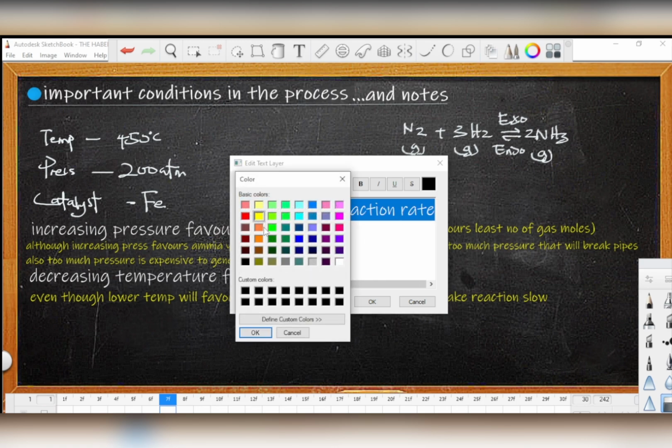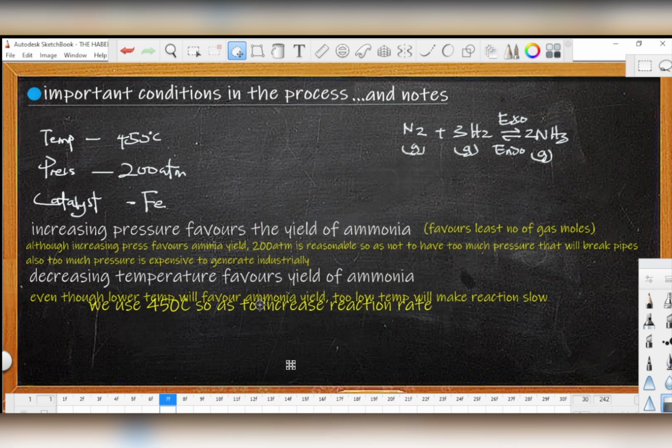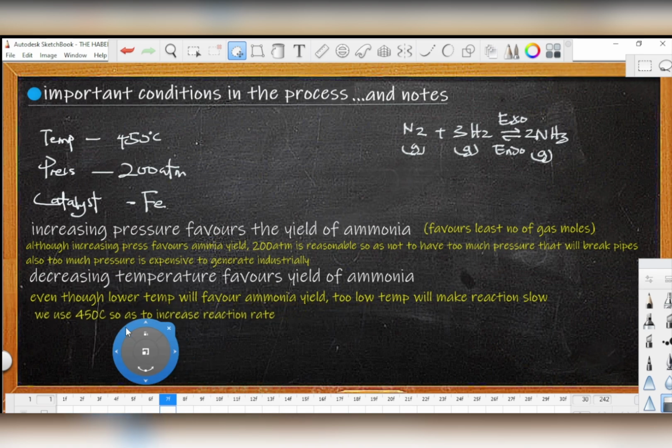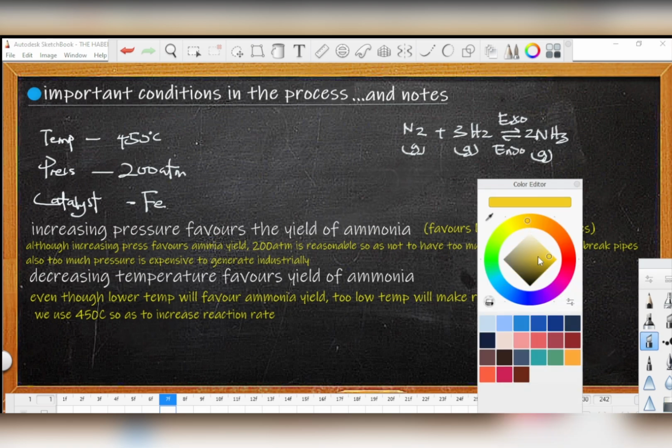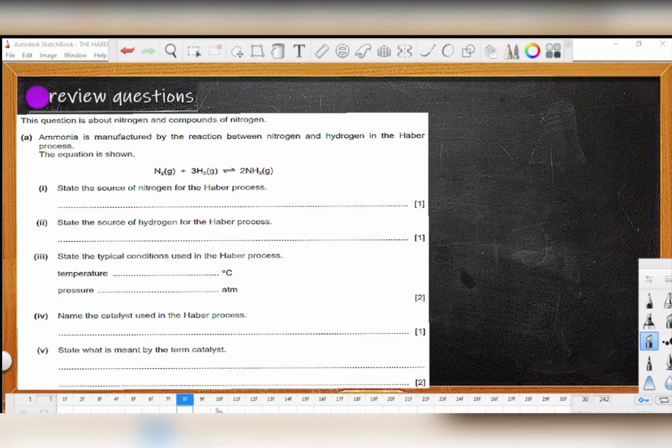This is another important point to note from the Haber process. These are questions they often ask in your IGCSE exams, like why 450 degrees Celsius. So these are important things to note about the reaction.